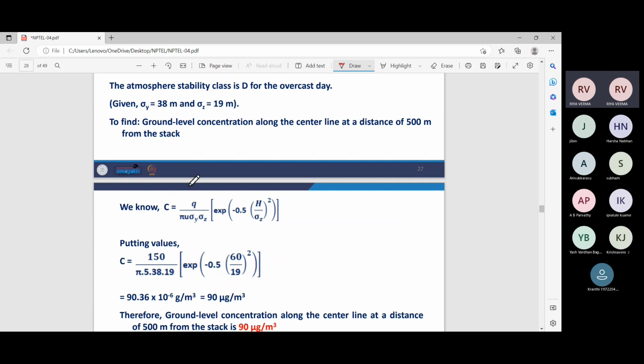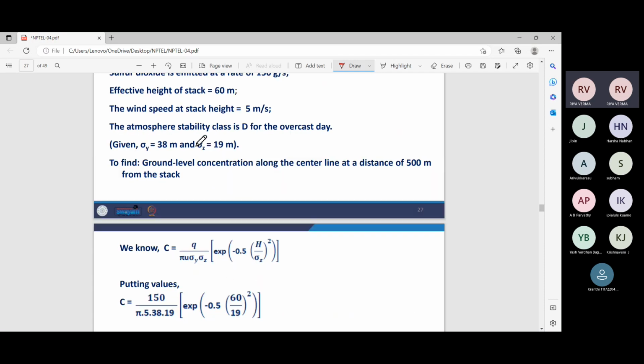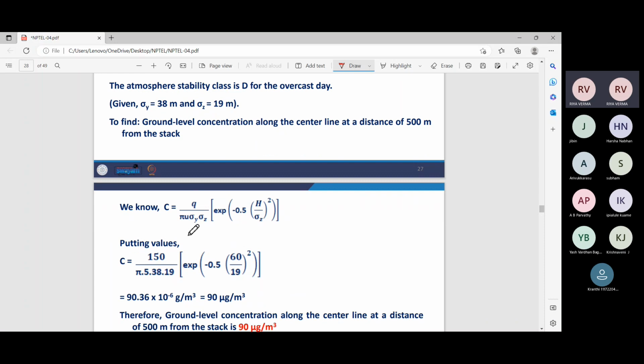So just putting the values in the equation, C is Q by pi u sigma y sigma z, since y is 0, times e raised to power minus h square by 2 sigma z square. Put the value of Q as 150, pi into u is 5, sigma y 38, sigma z 19, e raised to power minus 0.5 times H, which is 60 meters stack height, divided by sigma z square.